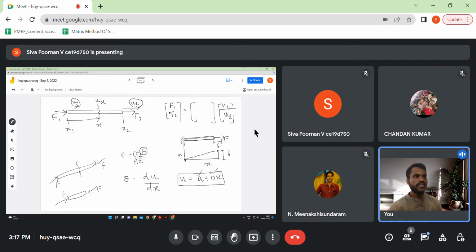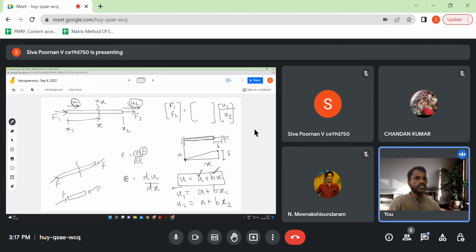How do I find these two coefficients? I know two other things from here: displacement at this point is u1, and displacement at this point is u2. So displacement at point 1, which is at x1, is u1 equal to a plus b x1, and u2 is equal to a plus b x2.